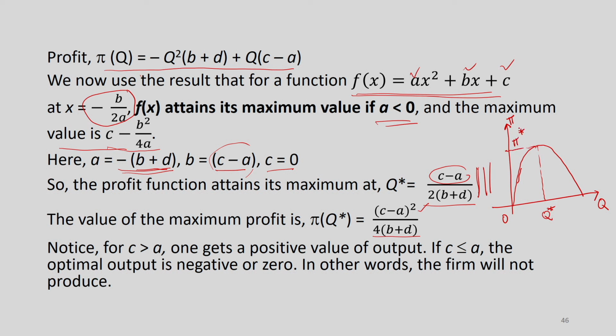Let us call that pi star. So, this is pi star and this is Q star. Okay. This is the case where C is greater than A, that is necessary to have this diagram. If C is less than A, then actually the diagram will look like this. So, you have the output which is negative, and that is not meaningful in this particular context.